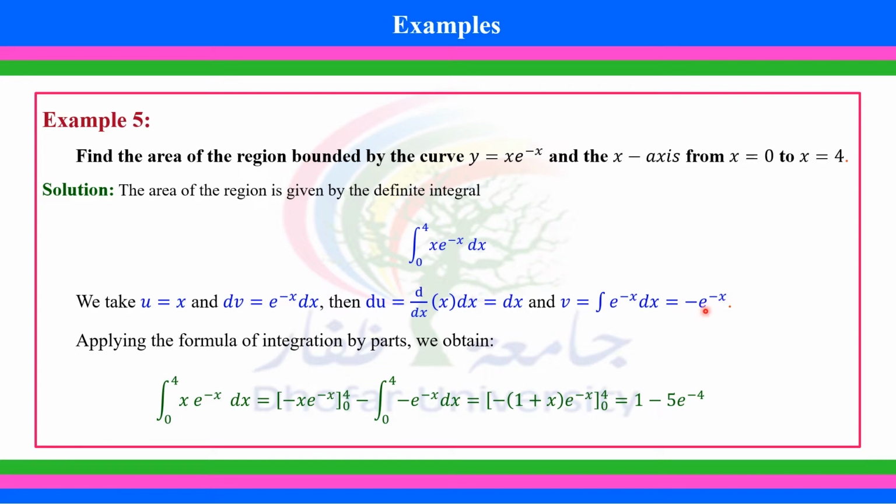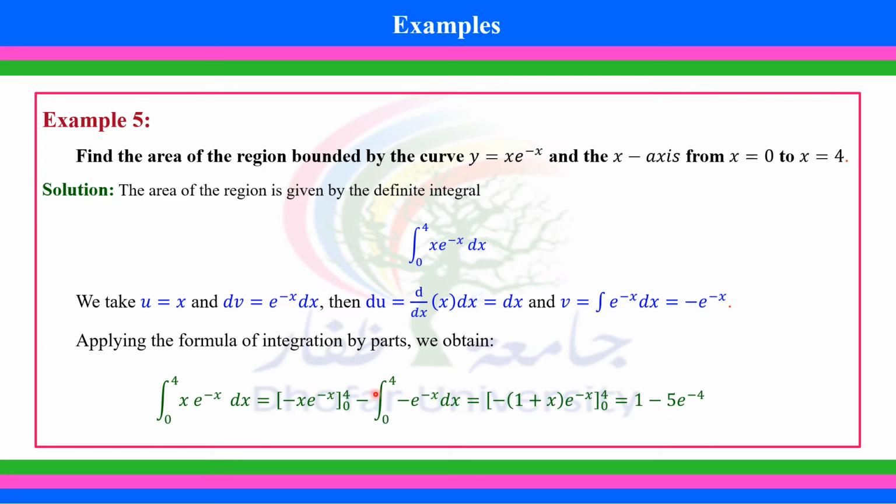So now when we apply the formula of integration by parts, we see that this integral equals uv, where u is x and v is negative exponential minus x, minus the integral of v du, where v is minus exponential minus x and du is dx.